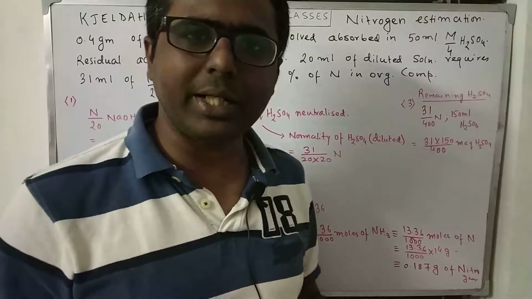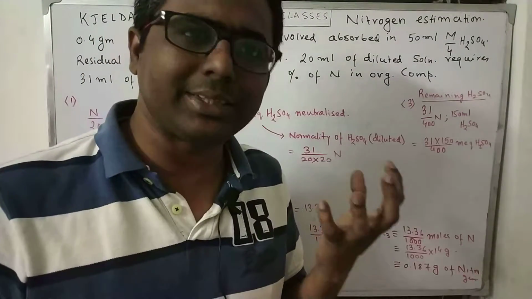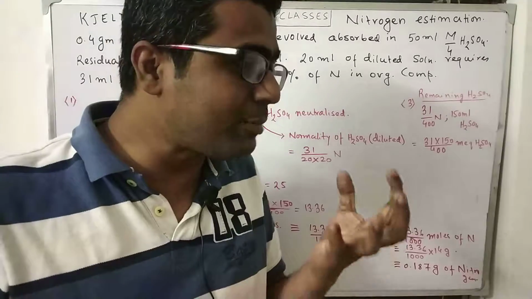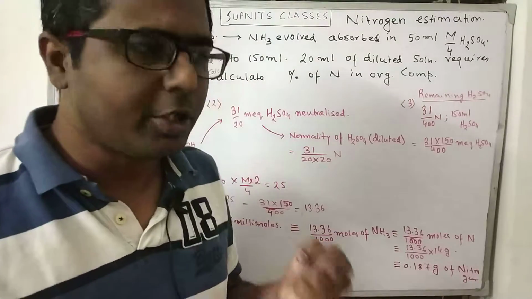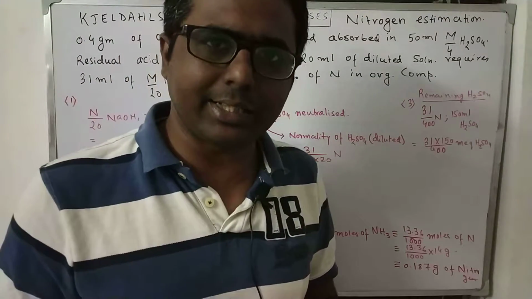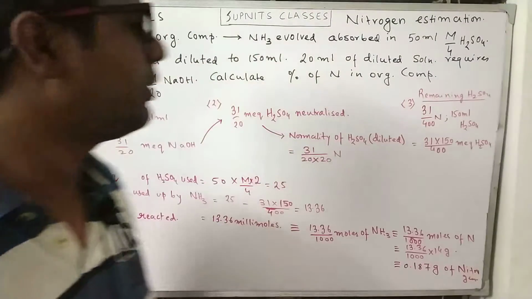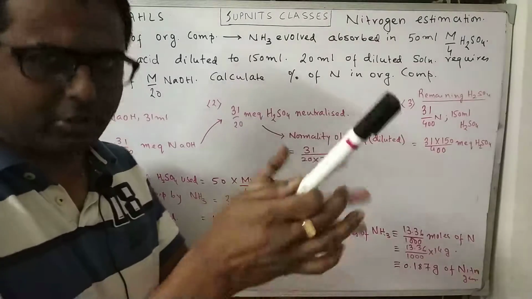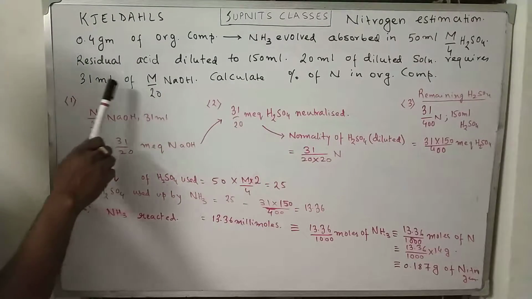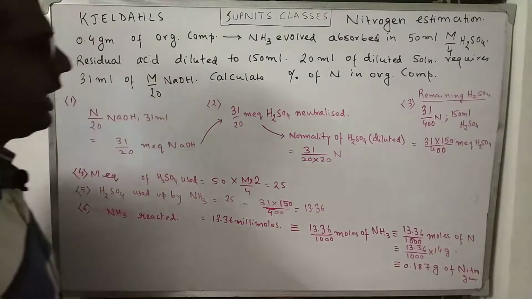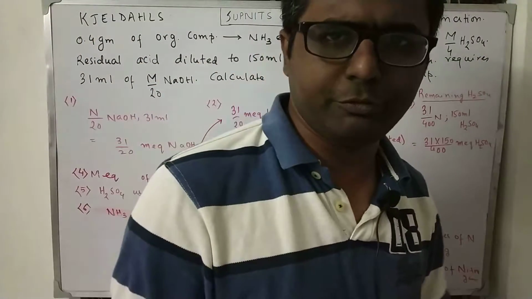Now, I have to determine how much of this excess H2SO4 is there, how many moles of excess H2SO4 is still remaining. So, to do that, I titrate that H2SO4 with NaOH. While titrating, I found out that 20 milliliter of that solution requires 31 milliliter of M by 20 NaOH. And after that, I have to find out the percentage of nitrogen.